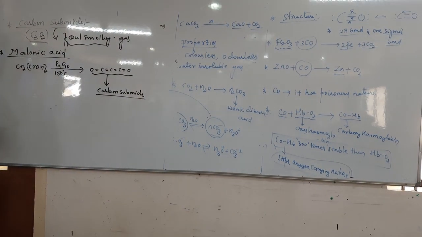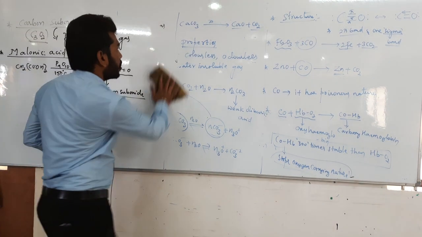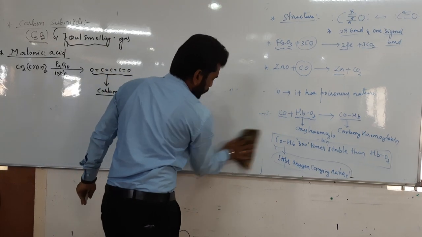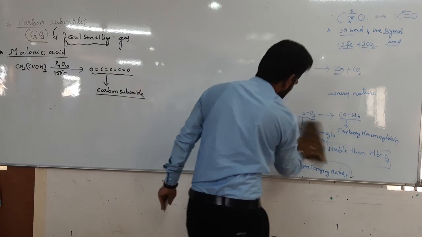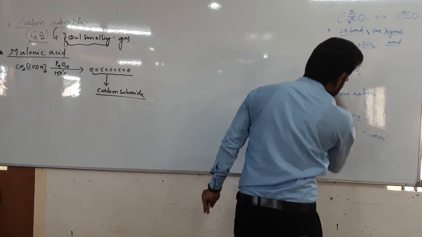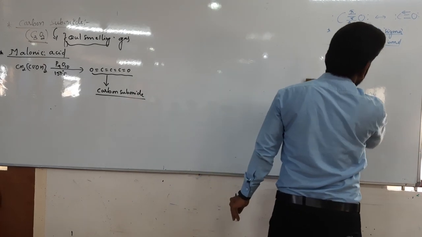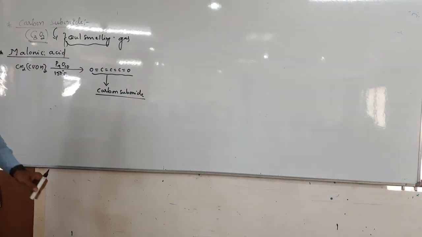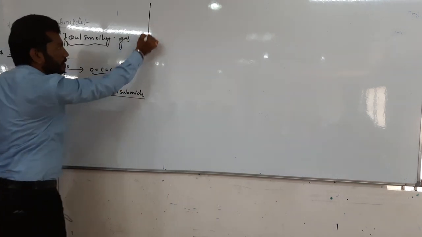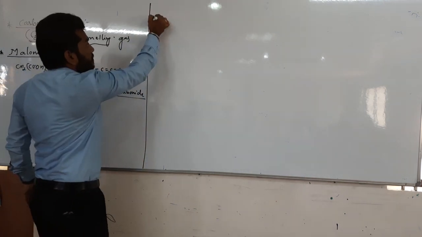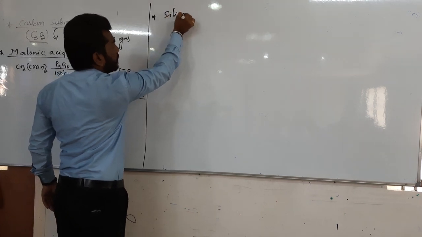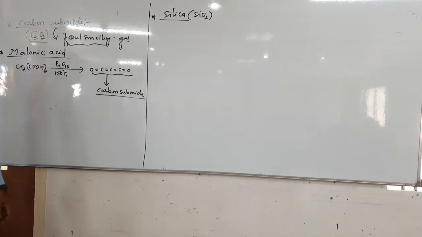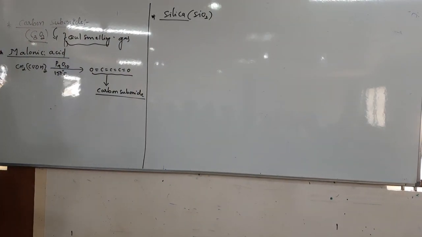The composition of silica is SiO2, silicon dioxide. Silicon dioxide is what we call silica.